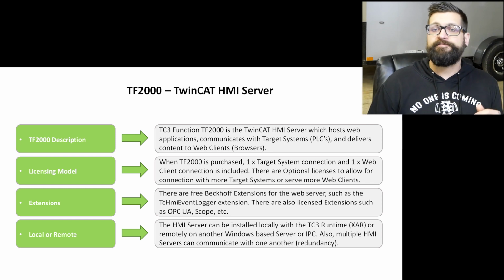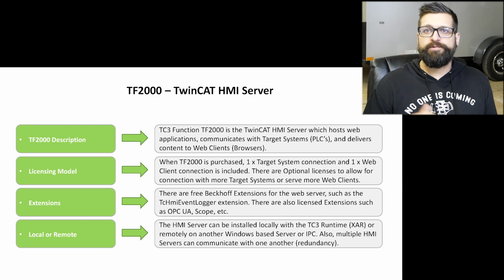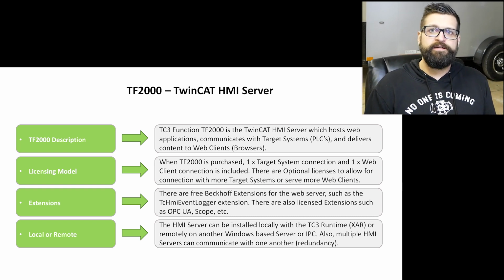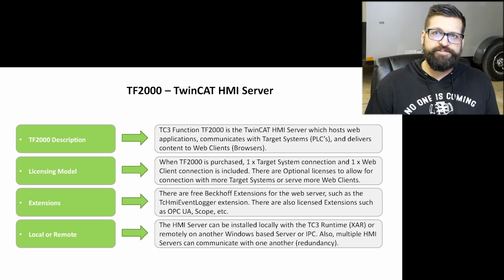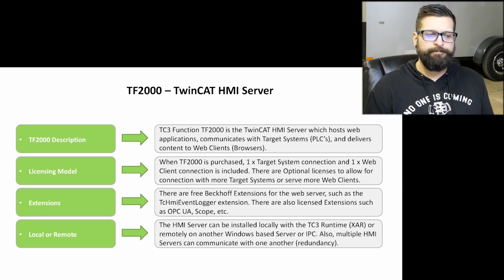And then there's some paid-for or licensed extensions, like the OPC UA extension, which would allow you to either run a native OPC UA server or connect to a third party like a Kepware or something like that. There's also a scope extension that will tie the HMI to Beckhoff's scope and measuring function packages.